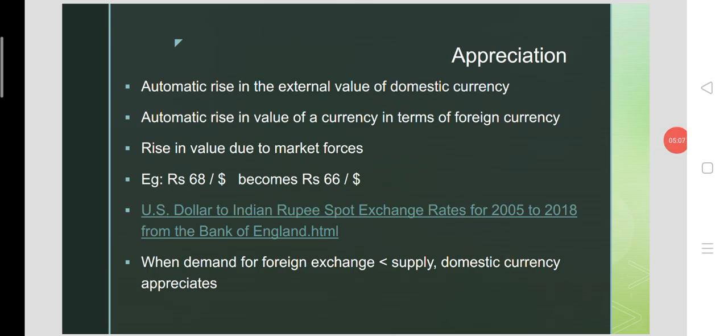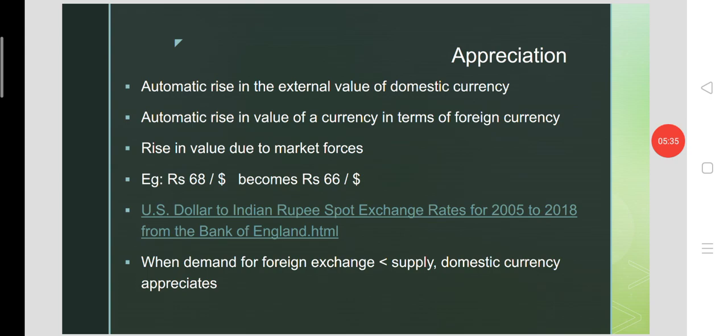Appreciation of currency. Appreciation of currency refers to automatic rise in the external value of the domestic currency, or automatic rise in the value of a country's currency in terms of foreign currency. So this is a rise in value, not fall in value. This is a rise in value due to the impact of market forces of demand and supply.